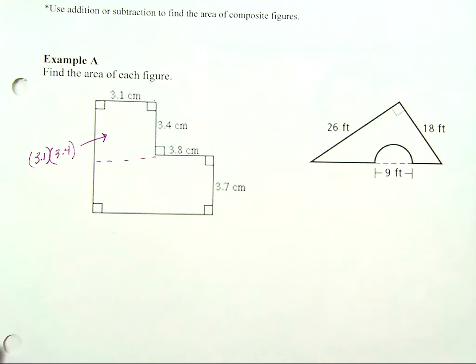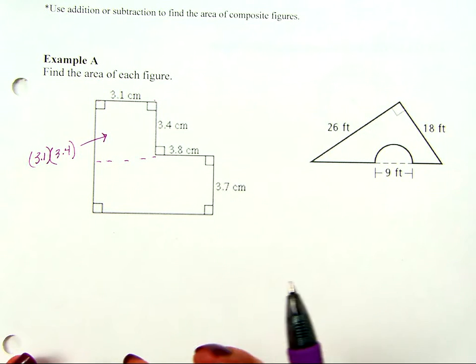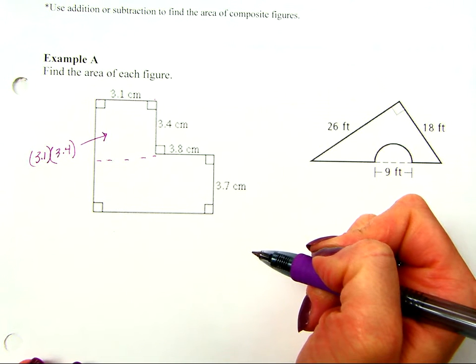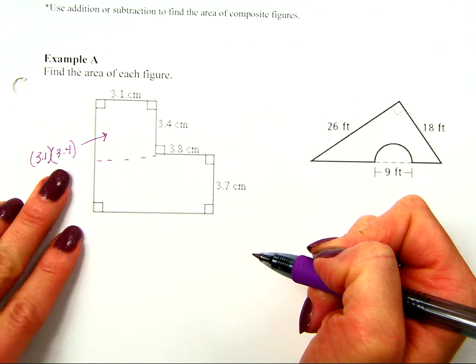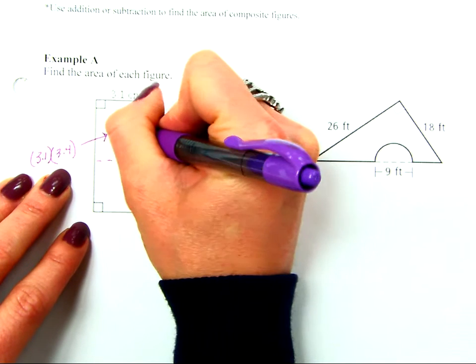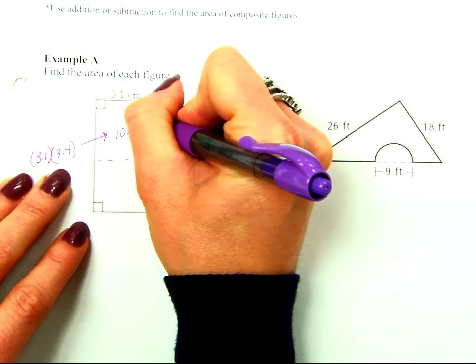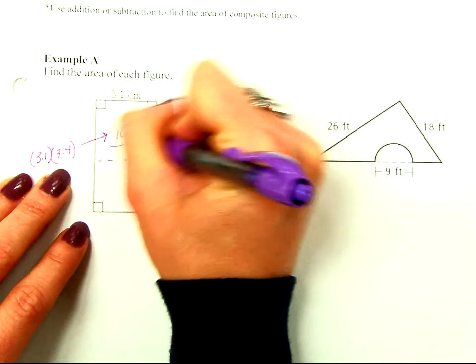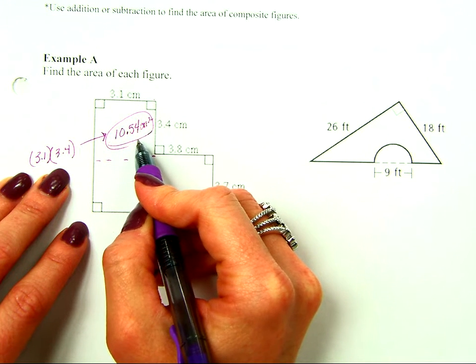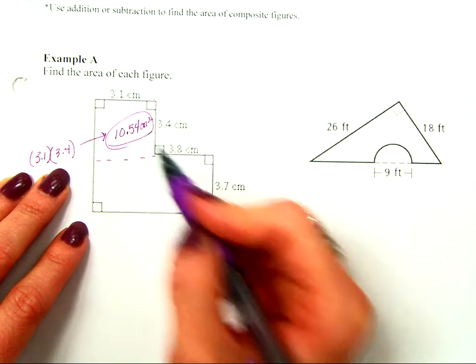And when I calculate my area and multiply those, I like to just write the area in each section. So 3.1 times 3.4 gives you 10.54. And what I want to emphasize is we're not going to round. This is an exact answer. I am not going to round that to 10.5. When I can use an exact answer, that's what I want to use.